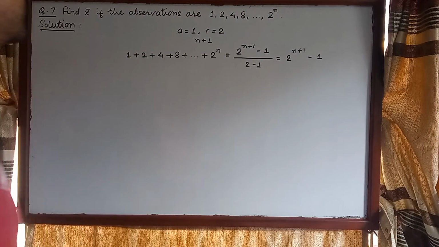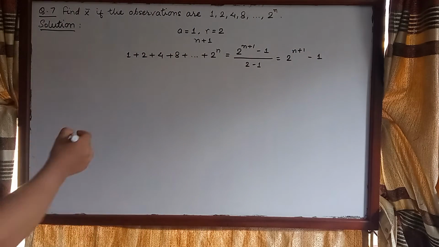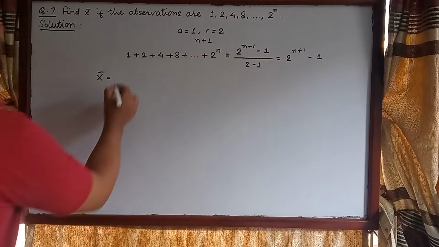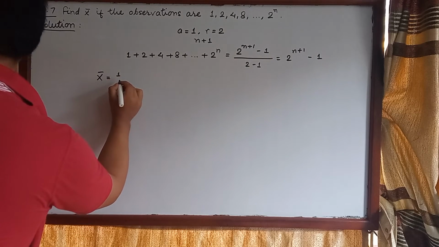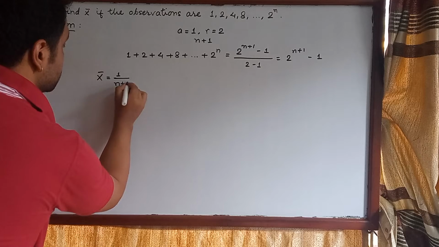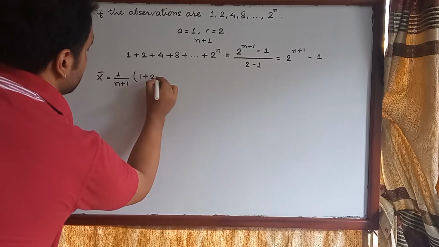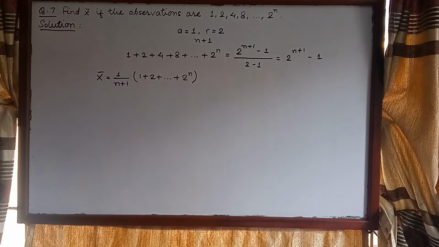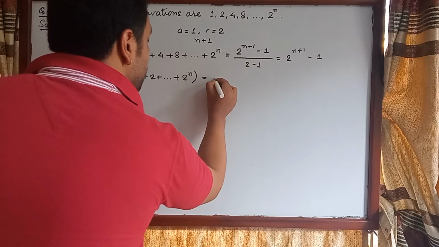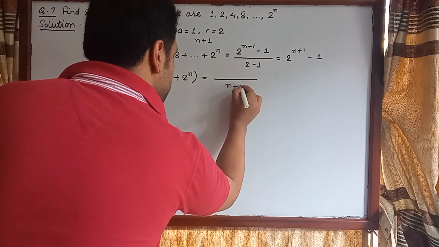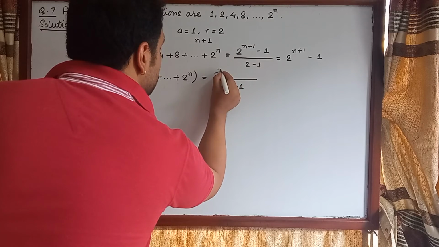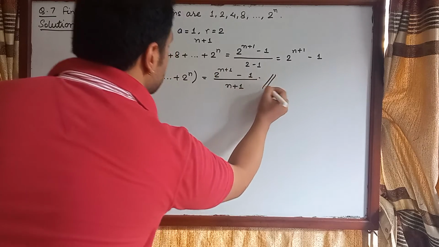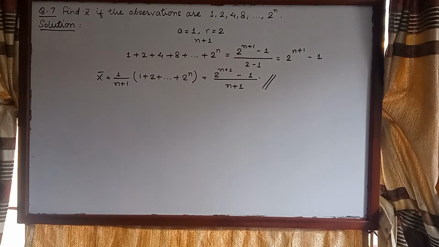So the required mean is equal to 1 over n plus 1 times the sum, which is therefore (2 to the power n plus 1 minus 1) over n plus 1. That's all about it.